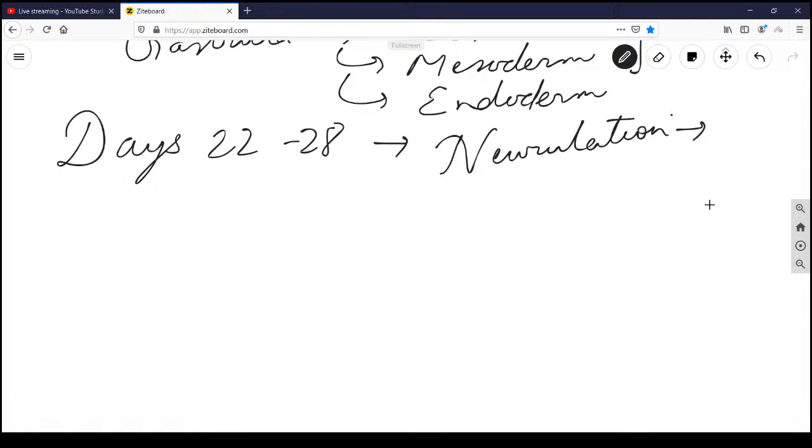Neurulation is nothing but neural crest development, migration of the neural crest, embryonic folds, development of lungs, urogenital system, the heart starts to develop, the arm and limb buds appear, ears start to develop.